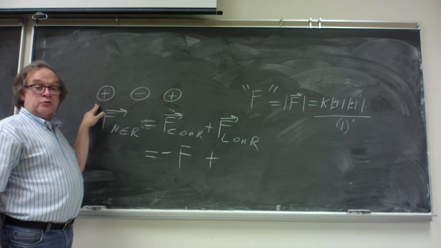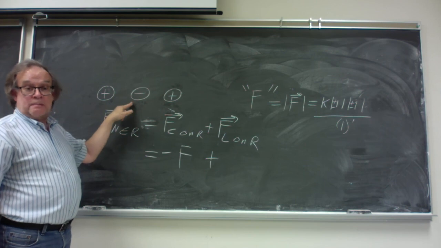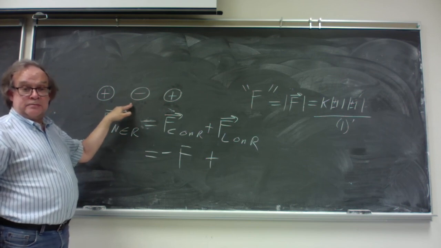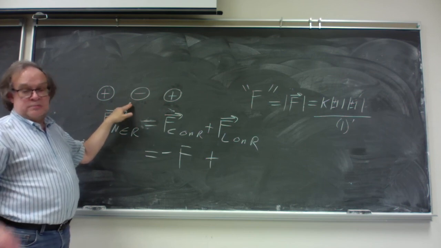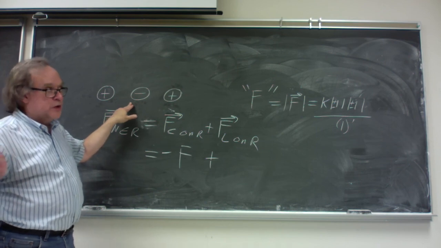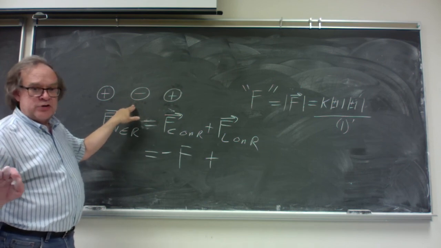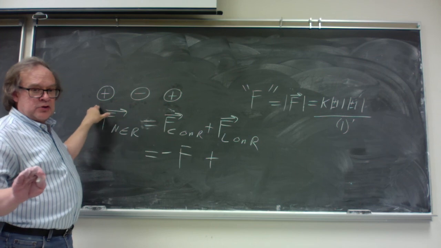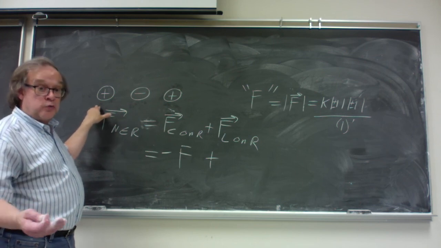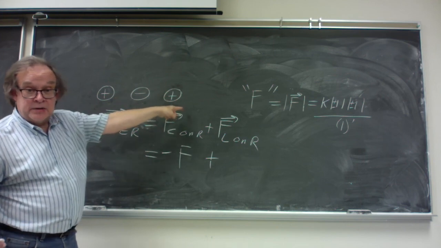So this applies a force on the right-hand charge that is only 1/4 as strong as the force from this one. This one had a force of magnitude F, so this one applies a force with a magnitude 1/4 F on this one.